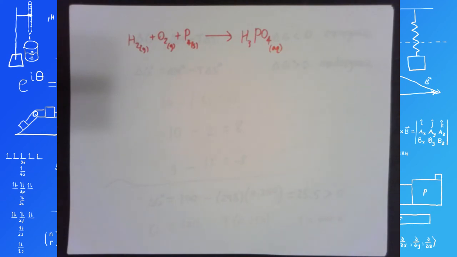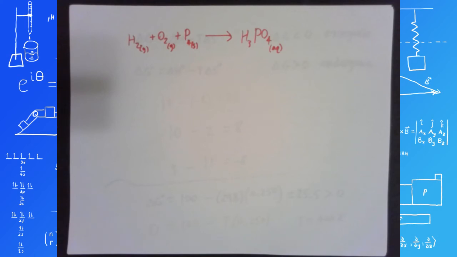Let me look it up. Where is phosphoric acid? I guess these are listed in alphabetical order, so P's. Okay, let's see. Phosphoric acid. Okay, they have phosphoric acid in liquid form and in solid form, so I'm not sure which one they were referring to.